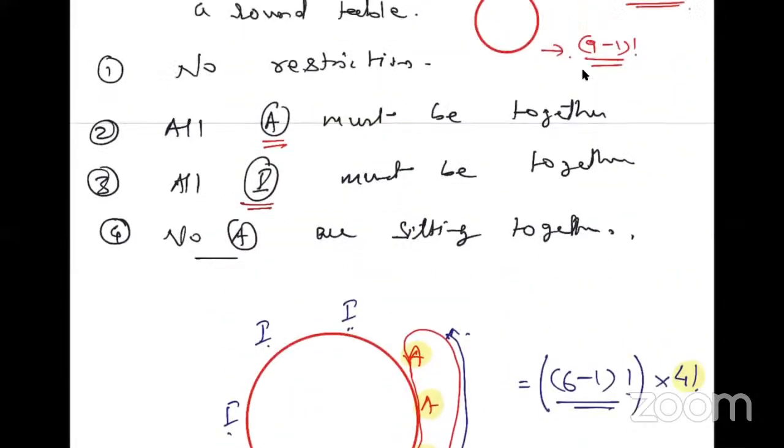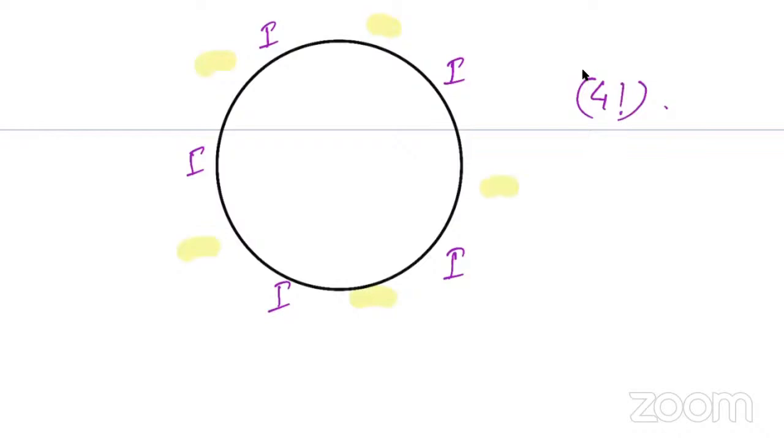And fourth, no Australians are sitting together, right? No Australians are sitting together. So first I have to go with the Indians, right? So Indians are sitting there as 1, 2, 3, 4, 5. 5 Indians are sitting there, right, in factorial 4 ways. Now, we have 5 positions, right? 5 different positions.